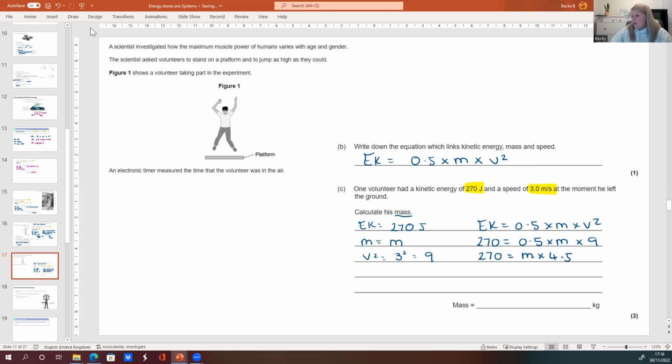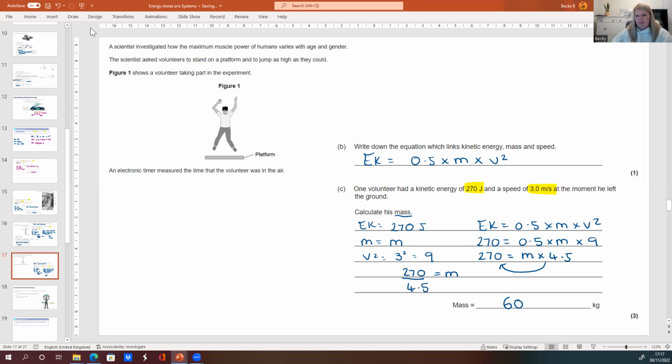I want m as the subject, so I'm going to take that to the other side. It becomes the inverse: 270 divided by 4.5 equals m. Make sure I type it in my calculator correctly this time. I get 60 kilograms, which makes more sense.